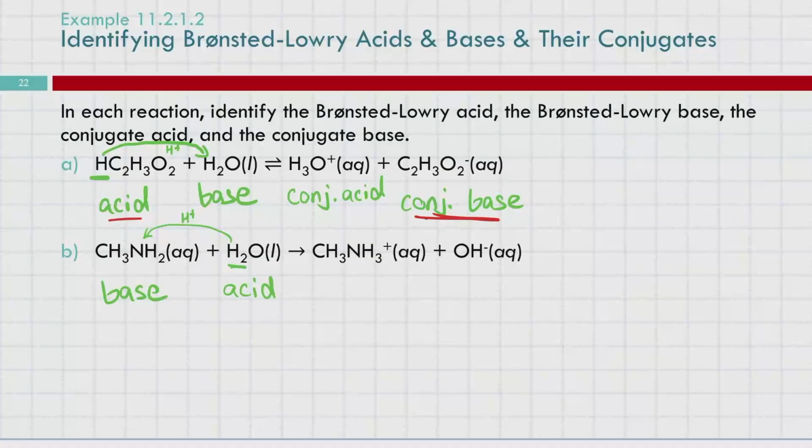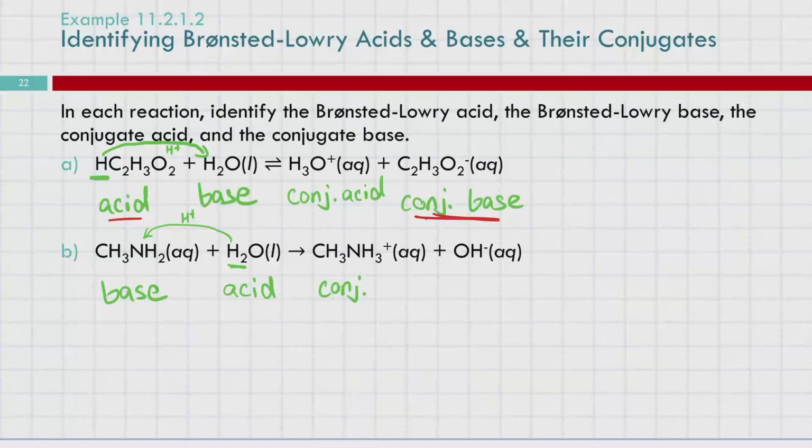Hopefully it's not too confusing. In B, we've got our base, we've got our acid. Let's look at what looks most like our base. Is it this one, or this one? Is it 1 or 2? It's 1. 1 looks more like it. So this is a conjugate.